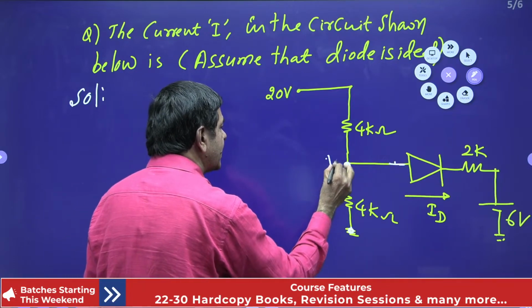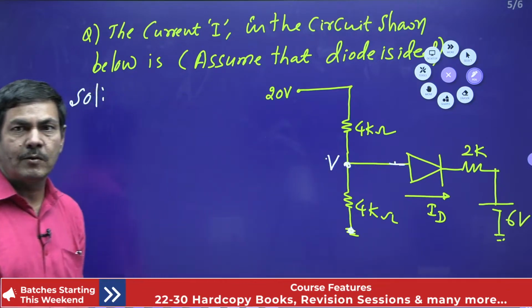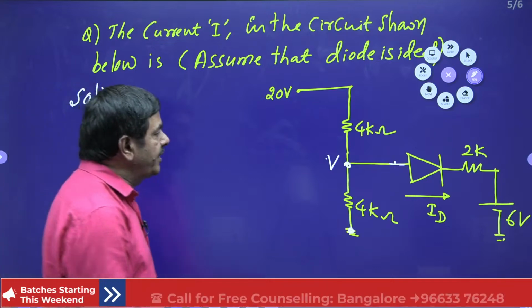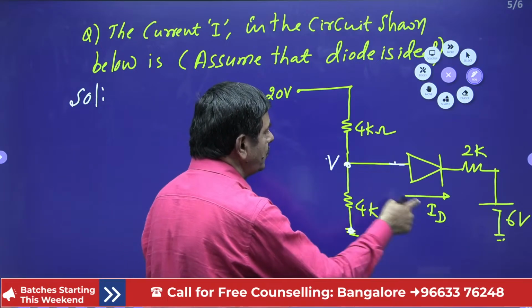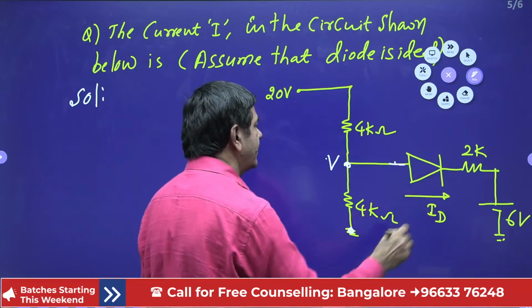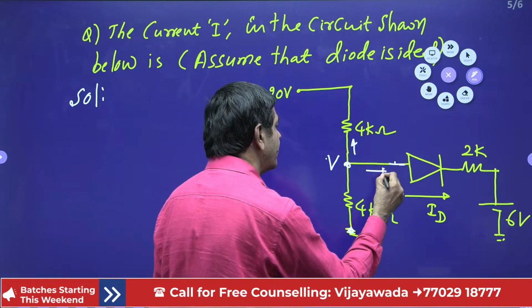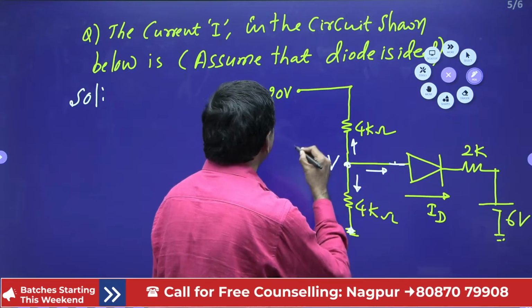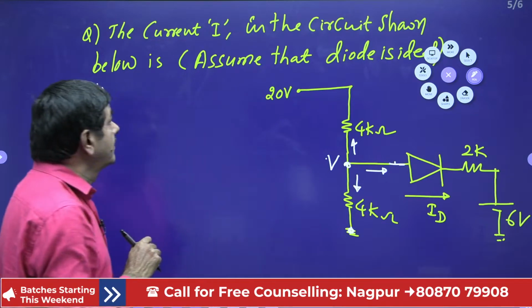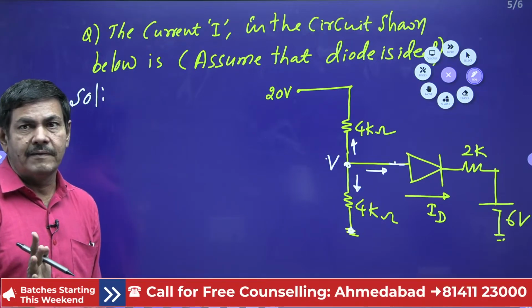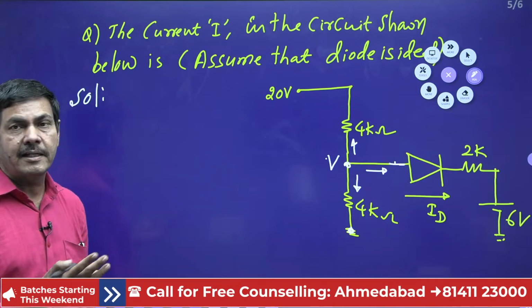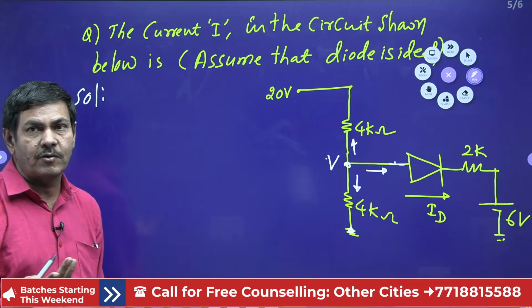This voltage I selected as V, the nodal voltage. Once we get this node voltage V, you can measure the current. According to nodal analysis, this current plus this current plus this current equals 0. The diode is given as ideal. When the diode is ideal, it doesn't have any drop. The drop across the diode is 0.